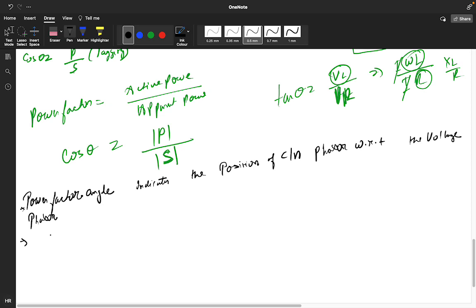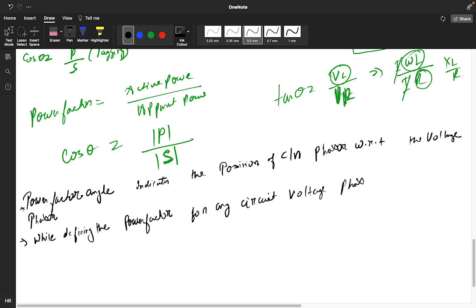While defining the power factor for any circuit, the voltage phasor is taken as the reference phasor.